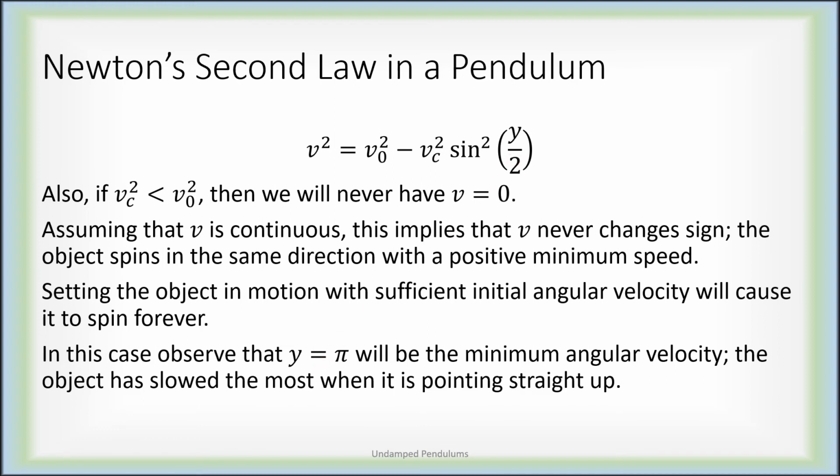Y equals pi represents pointing straight up, because remember that y was our angle from downward. So regardless of how I set my object in motion, if I set it with initial angular velocity big enough, it will spin around in one direction forever, and when it is pointing up is when it has the slowest angular velocity. Again, this is all very intuitive, but thankfully our solution matches how we expect these systems to behave.